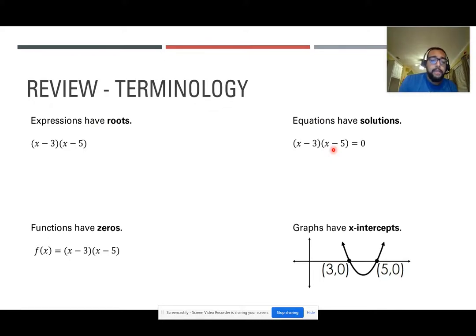I want to save this really for in-class time, so like next Tuesday. But in terms of today, whenever we factor our expression, we'll have some roots. And then from those roots, we'll have some solutions.